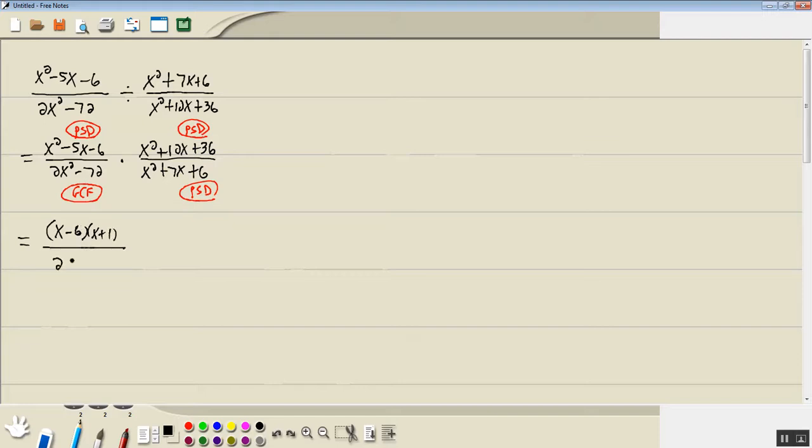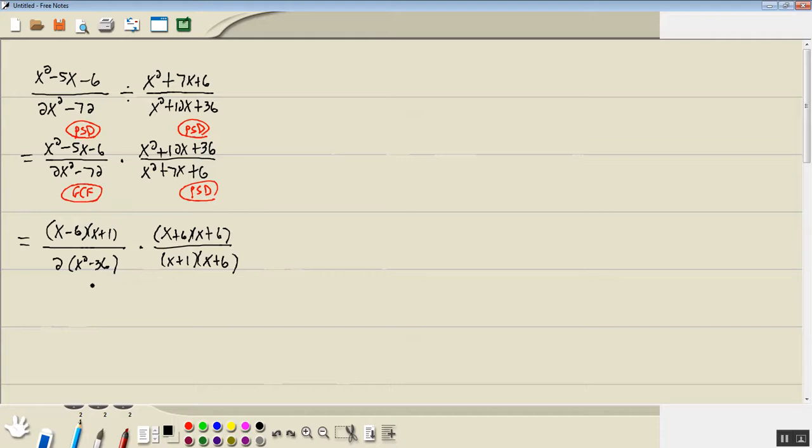Here I'll factor a 2 out, and that gives us x squared minus 36. What does it factor as? x plus 6 times x plus 6. And this one factors as x plus 1 times x plus 6.